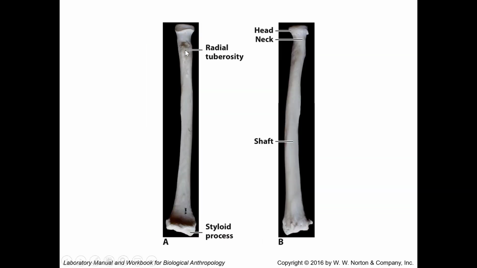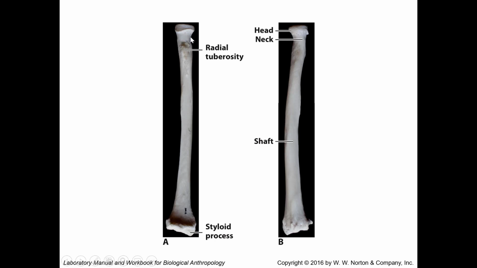So here's your radial tuberosity, right below the head, where your bicep muscle attaches. Between the head and the radial tuberosity, the bone is constricted and narrower in an area called the neck of the radius. So here it is, the neck, right between the radial tuberosity and the head.